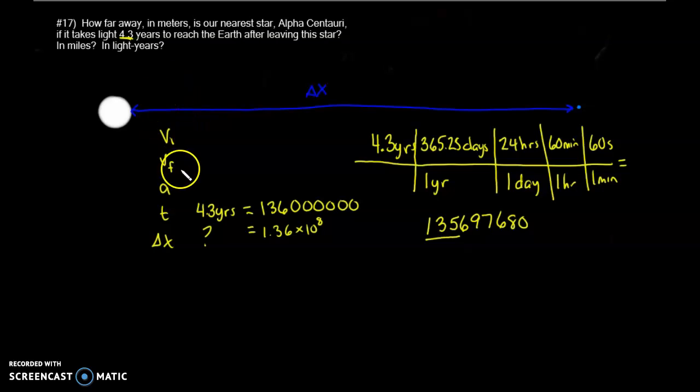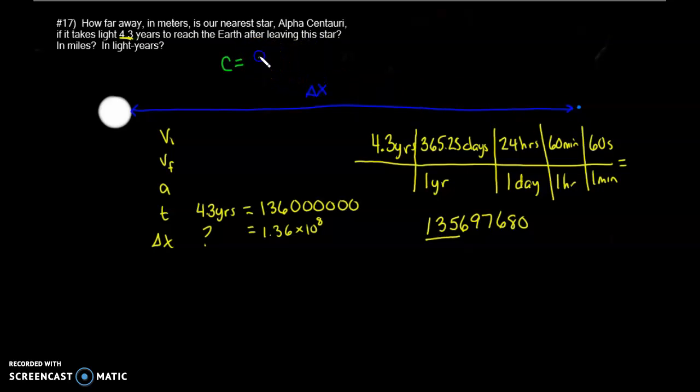Okay, so the next thing I need to figure out is the velocity. All right, so I'm dealing with light here. How long does it take for light? Well, I need to know the speed of light. The speed of light, c, that constant in a vacuum, so the distance here between Alpha Centauri and Earth is going to be a vacuum.